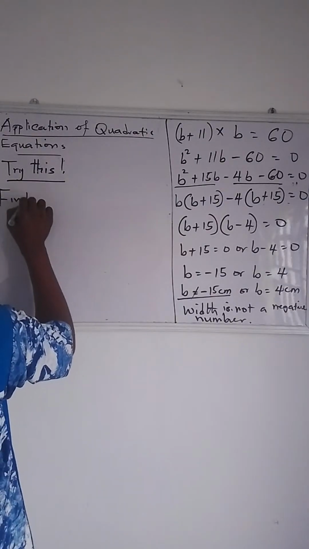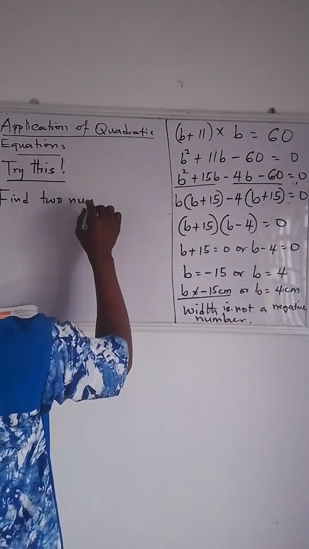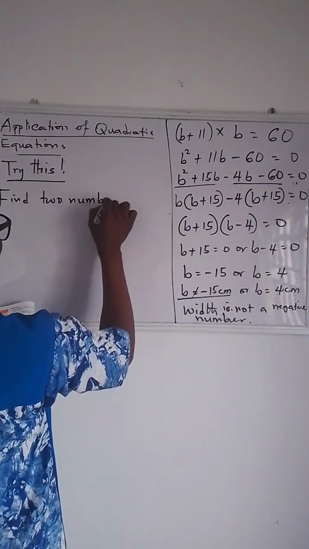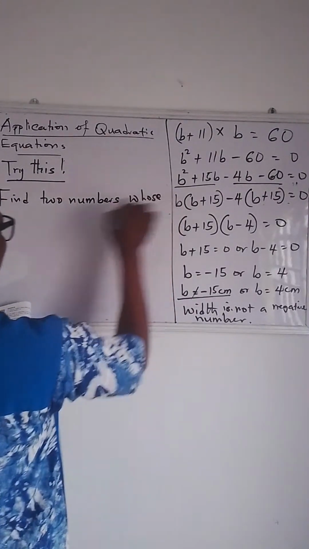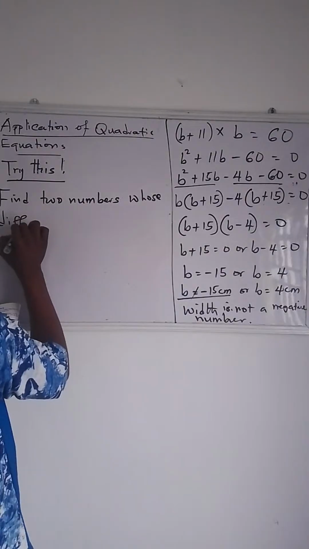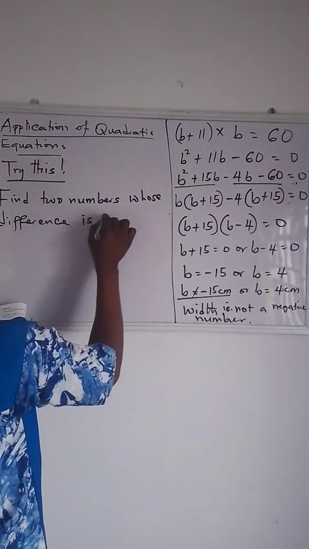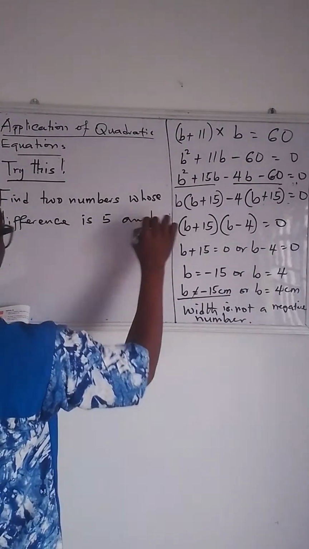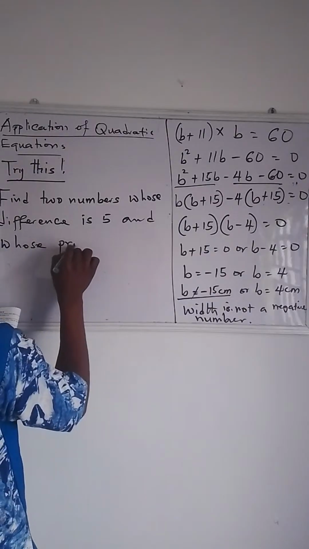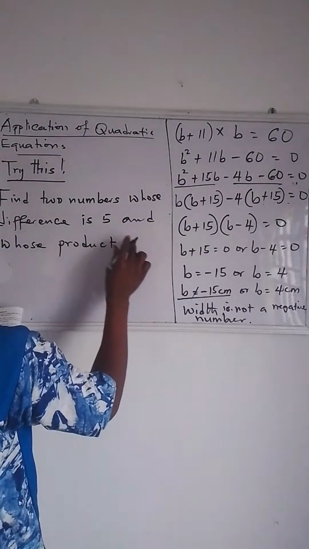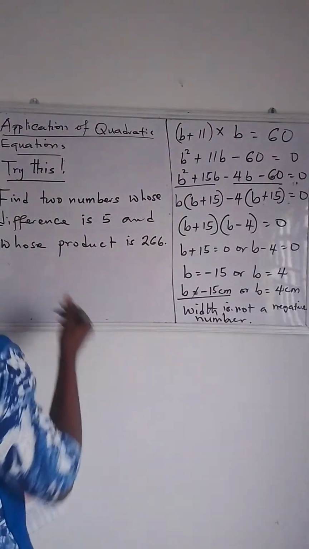Find two numbers whose difference is 5 and whose product is 266. We have done something similar to this.